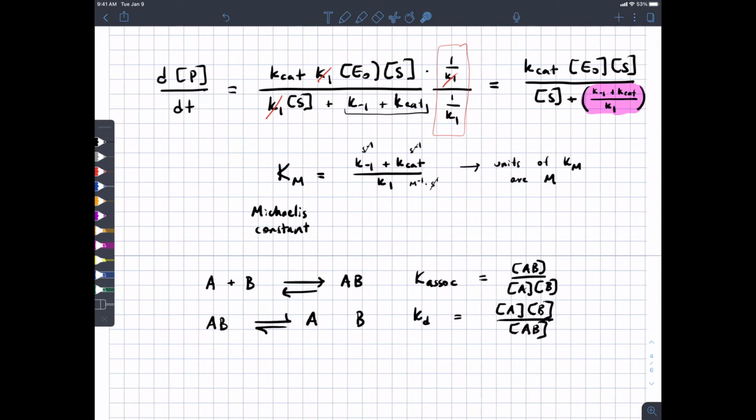And you can see that the units of the dissociation constant should just be molar, some kind of concentration units, right? Whereas the units of the association constant should be per molar.